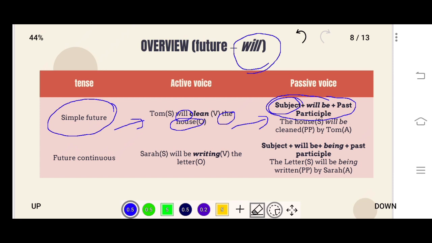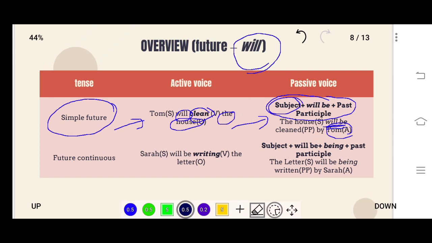So the house is the subject, and then we add will be, and then we add the past participle of clean, which becomes cleaned, and then by the agent, by Tom. That is the answer. So the active voice is: Tom will clean the house, and the passive voice is: the house will be cleaned by Tom.